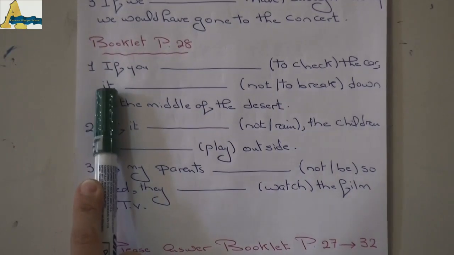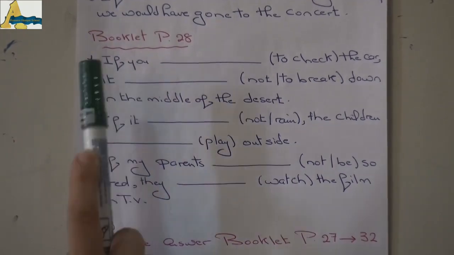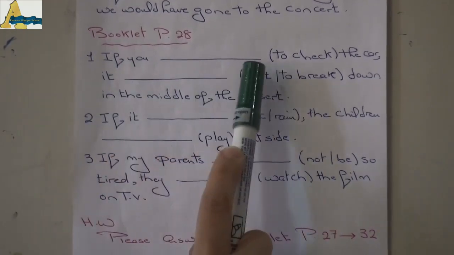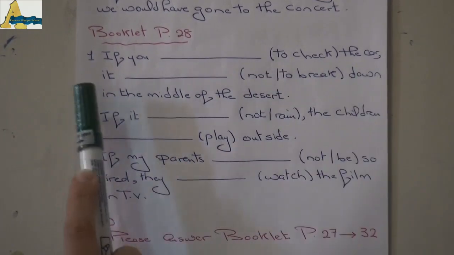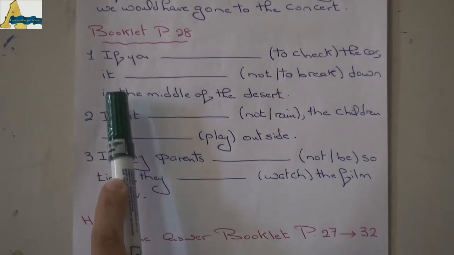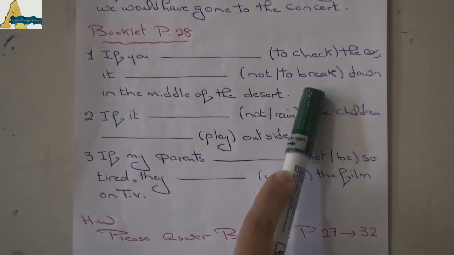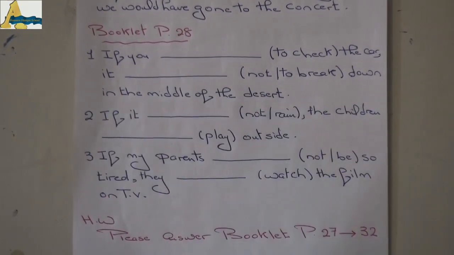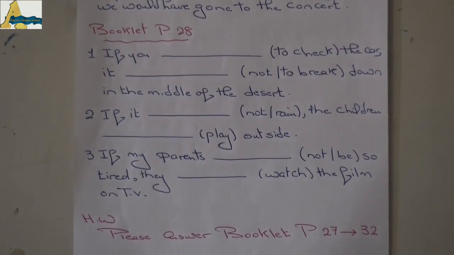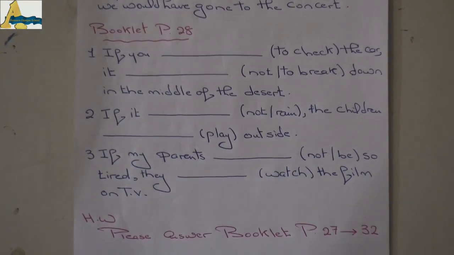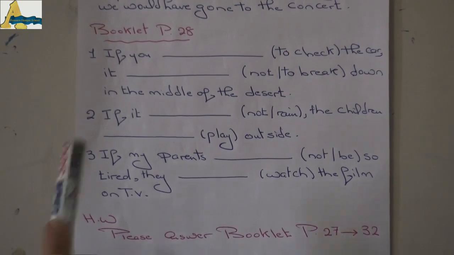After if, the verb has to be in the past perfect. If you had checked the car, it, what about the second part? It wouldn't have broken down in the middle of the desert.